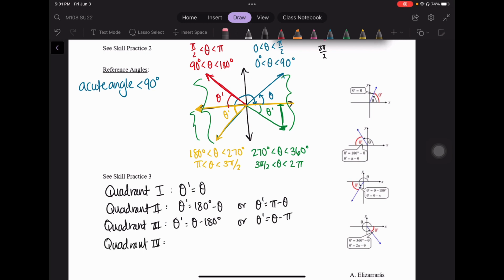And the reference angle in quadrant 4 is going to be 360 degrees minus the angle, or 2 pi minus the angle. So notice that in quadrants 2 and 4, you're taking the 180 or the 360 minus the angle, and in quadrant 3, you're starting with the angle.